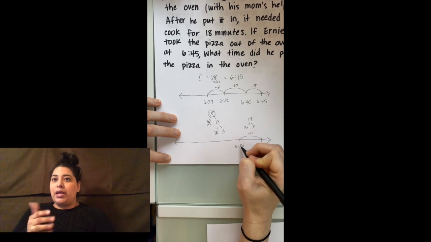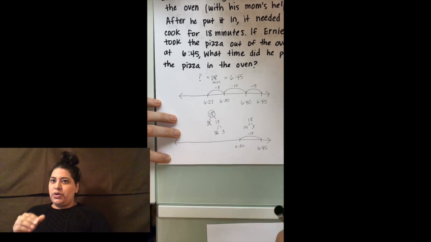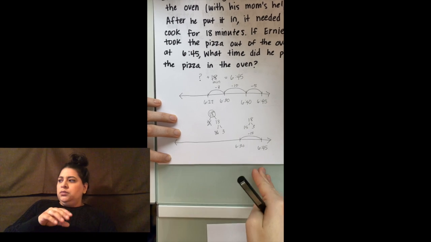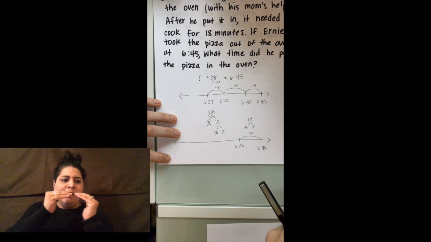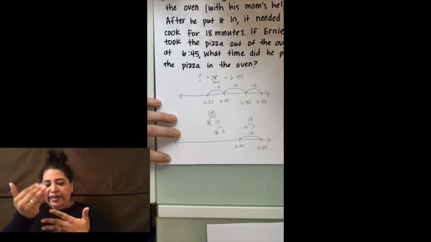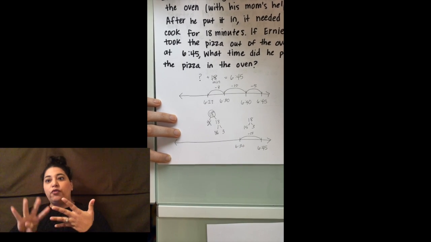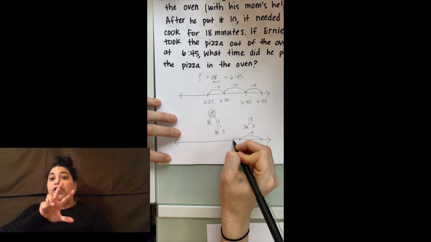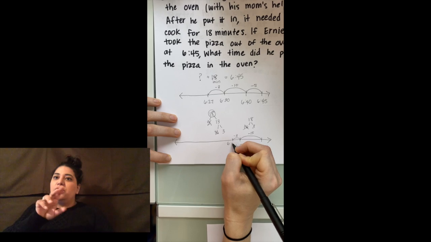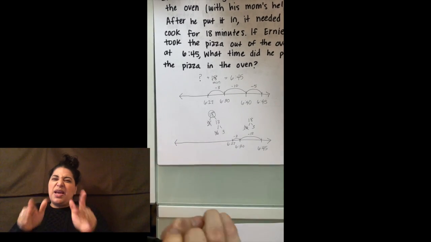And I know that just because of what I know about clocks. I know that 0, 15, 30, and 45 are all pretty friendly numbers to get to, and you're counting by 15s when you count those increments. So I took 15 away, and that will get me to 6:30, and then I can take the 3 away, and that gets me to 6:27. That's another way you could do it.